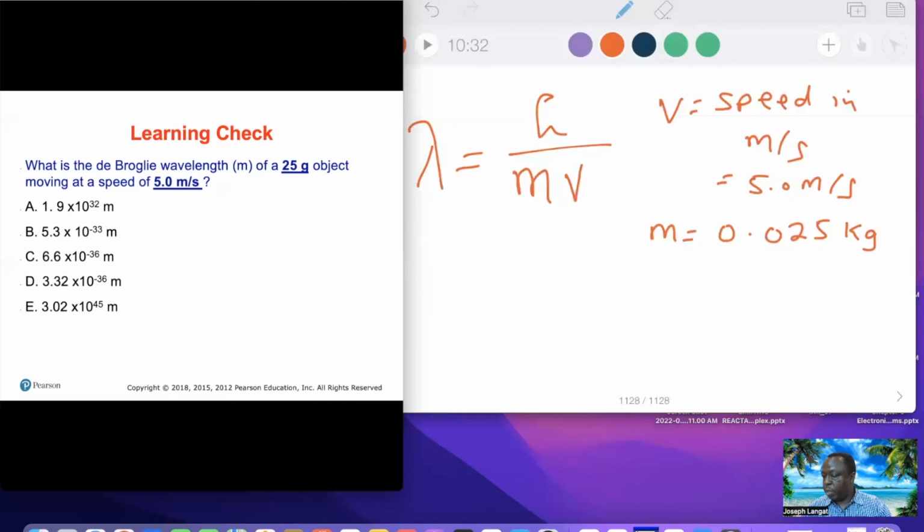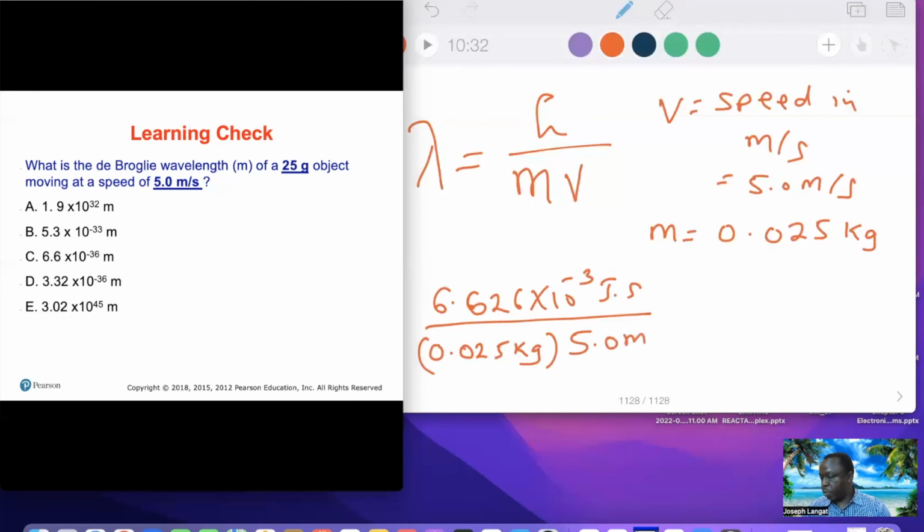So this will be 6.626 times 10 raised to negative 34. This is Planck's constant over mass, which is 0.025 kg times speed, which is 5.0 meters per second, then times 1 joule equals, this is something we looked at in chapter 1, I believe, kinetic energy.